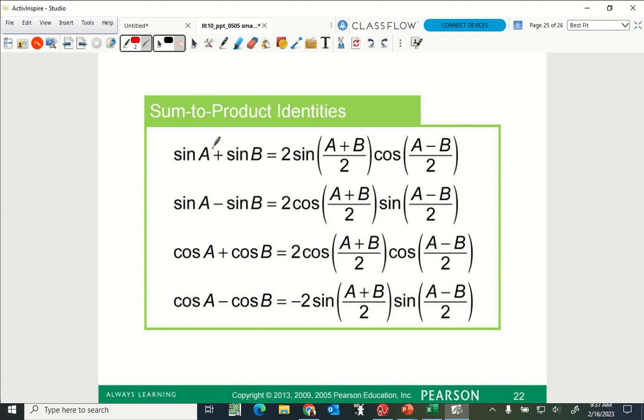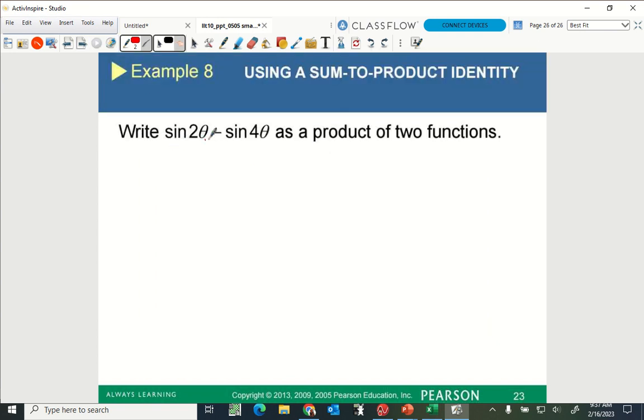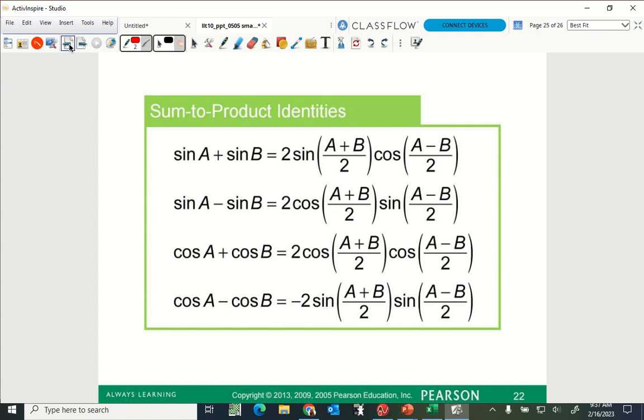So I have to just decide which one I'm using and match with my formula. Sine 2 theta minus sine 4 theta. Okay, sine 2 theta minus sine 4 theta. So right here, sine minus sine, right?